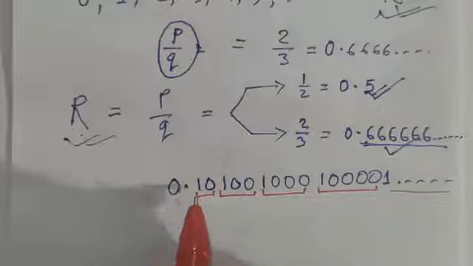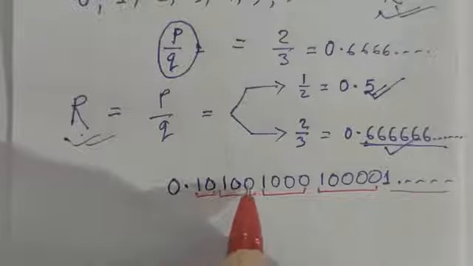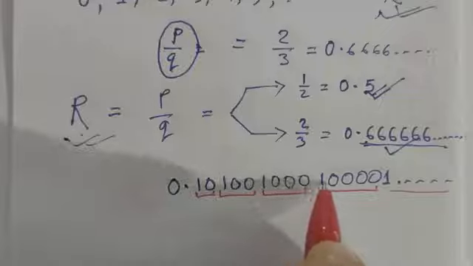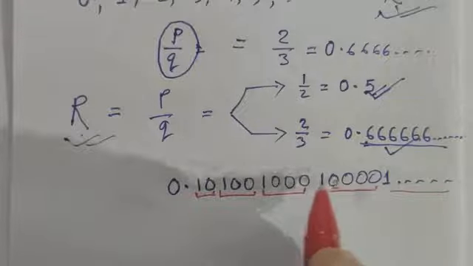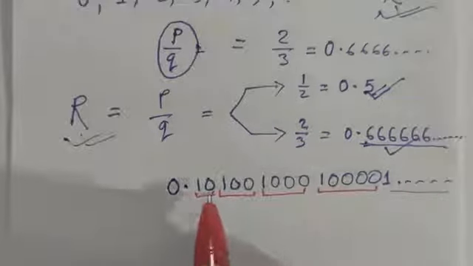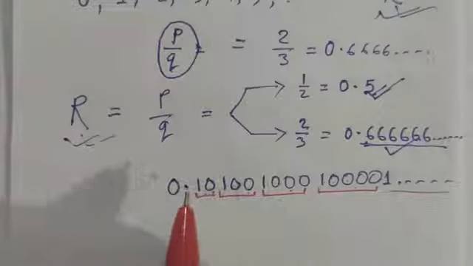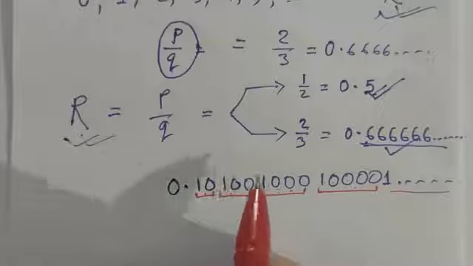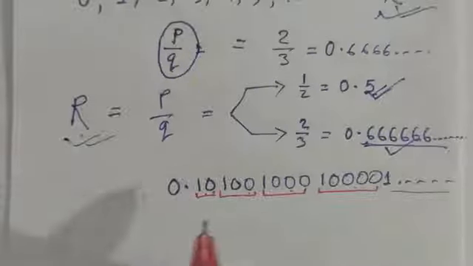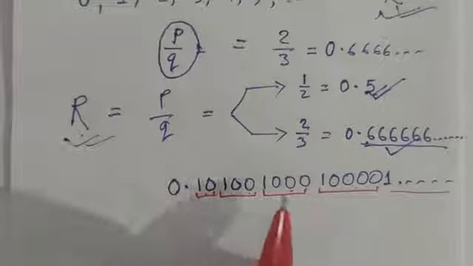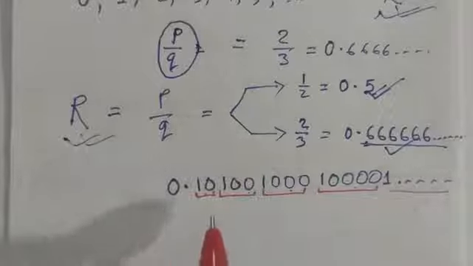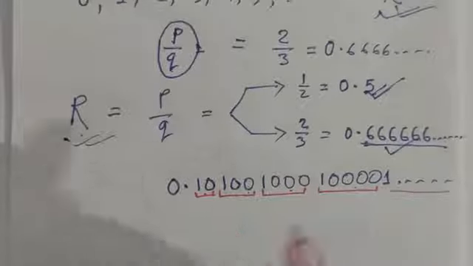So after the decimal we have 10, then 100, 1000, 10000, and so on. So this is not a terminating decimal expansion. You can see that 1 is repeatedly coming in this decimal expansion, and zeros are also coming repeatedly. But are they coming after a definite interval?